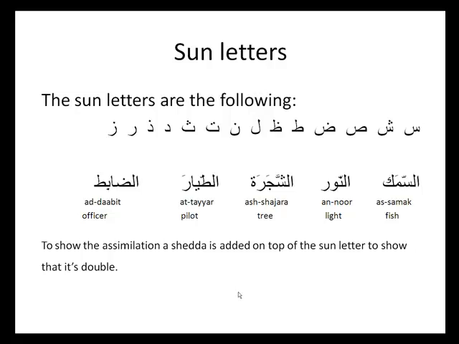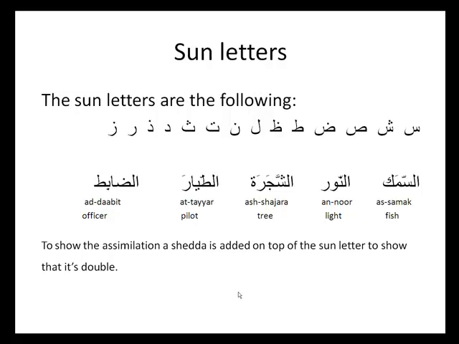And why is this important to know? It's important to know when you speak and when you read that you pronounce things correctly. And because al, the definite article, is added to all these letters, you need to know when and when not to pronounce the L. So instead of saying al-samak, as we've done up until now, we say as-samak, an-nur, ash-shajara, at-tayyar, ad-dabit. Okay?